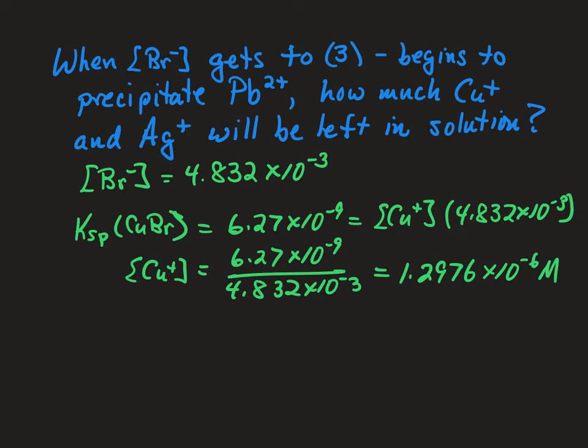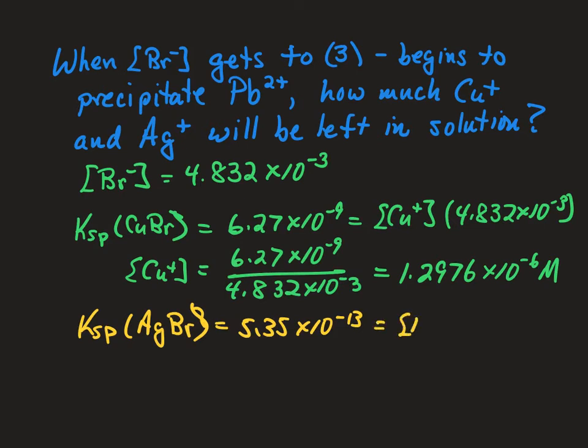Okay? And if we do the same thing with silver ion, our KSP for silver bromide is equal to 5.35 times 10 to the minus 13. That's equal to the concentration of silver ion times the concentration of bromide ion, which at that point is 4.832 times 10 to the minus 3.